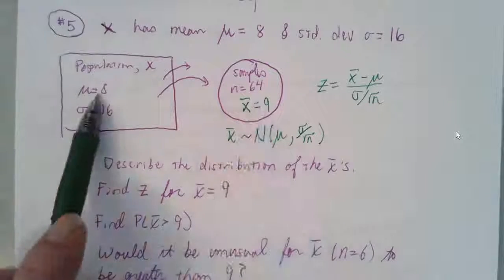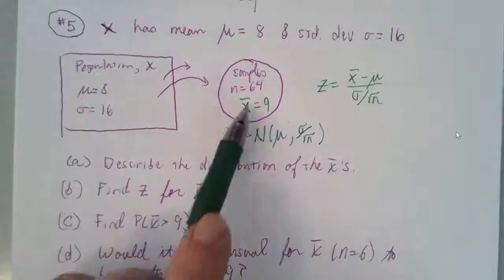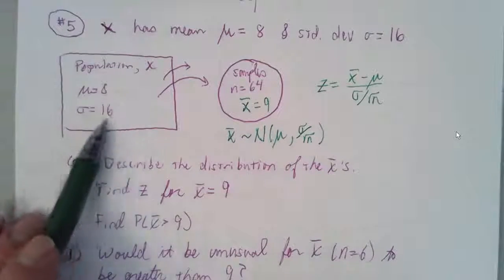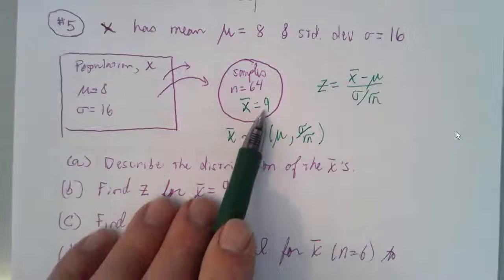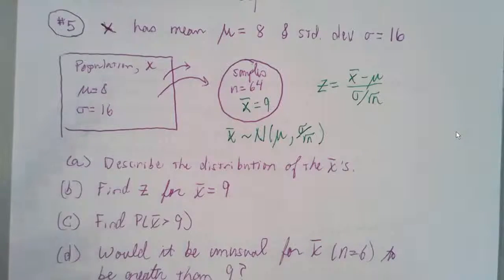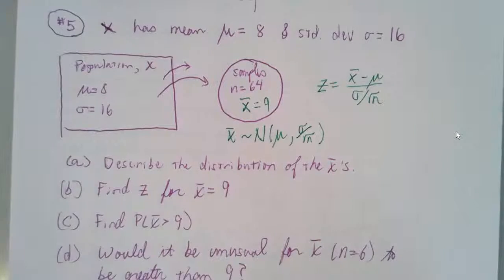Now notice that's a little bit bigger than the mean of the whole population. That can happen. Samples can vary a little bit from what the population looks like. And the question is, can we get a z-score that corresponds to this x bar? And if we can, then we can use it to compute probabilities. So let's go after the z-score next.